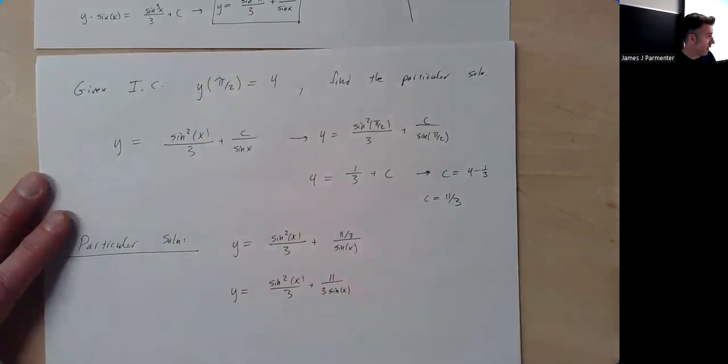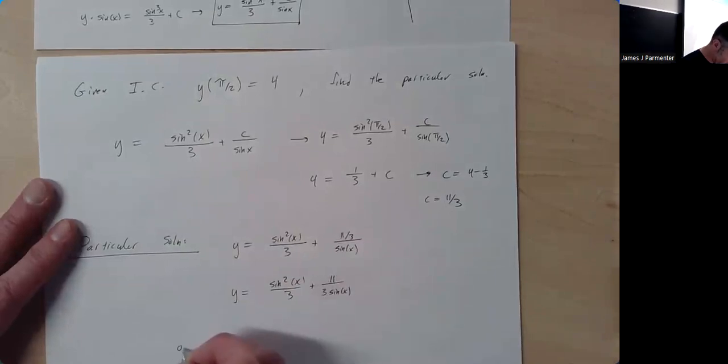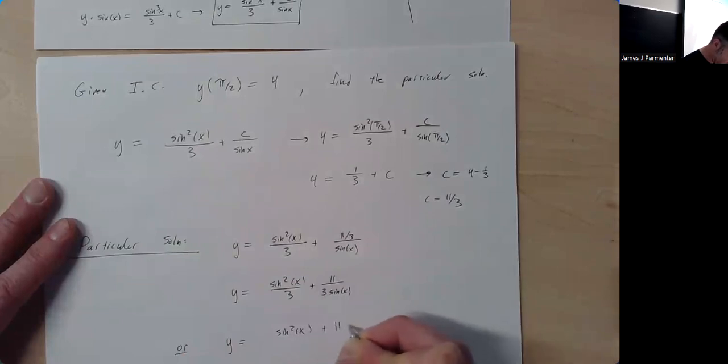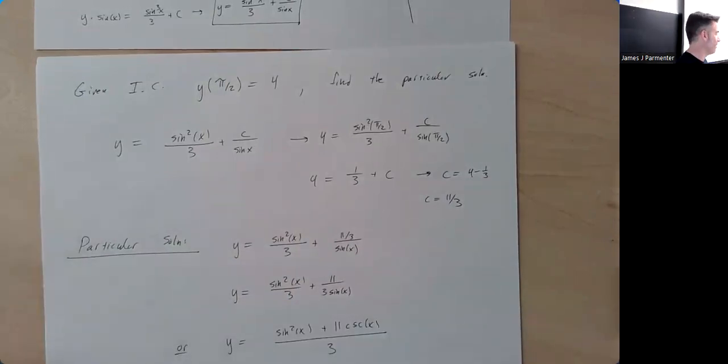Or if I was going for a common denominator kind of vibe, I could bring that sine up as cosecant and write this as y equals sine squared of x plus 11 cosecant of x all over 3, if you really wanted to. That doesn't really matter, but it matters a little bit, I guess.